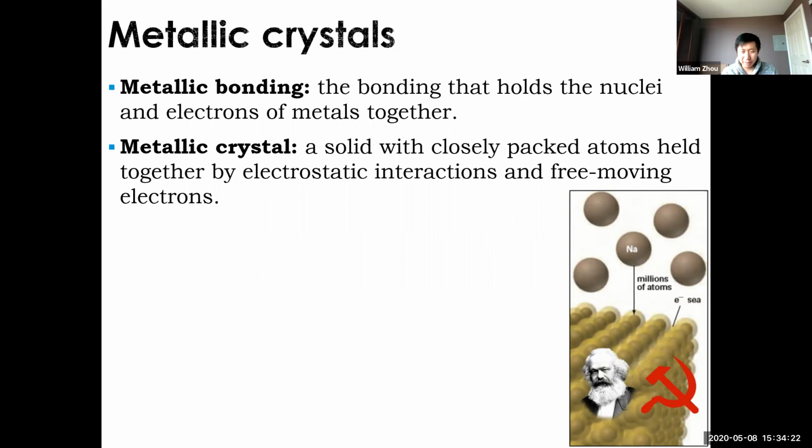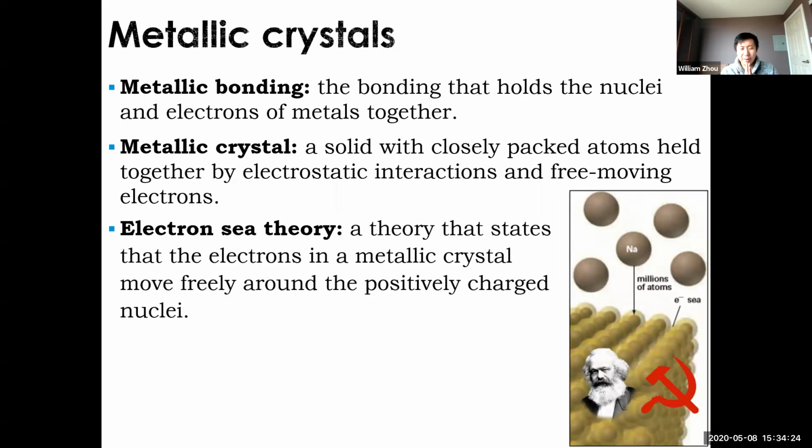How this works is, well, the electron sea theory will apply. What is the electron sea theory? So electron sea theory basically says the electrons in those metals become delocalized. They run away from their atoms and they are now collectively owned by the group.